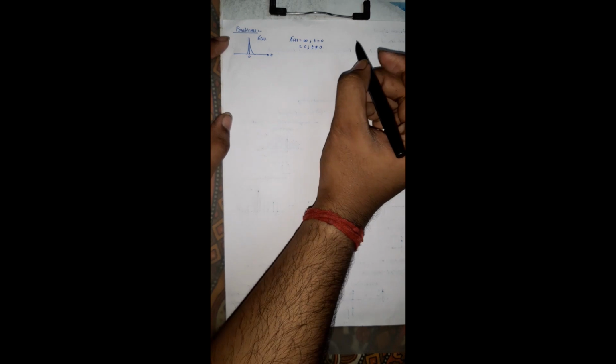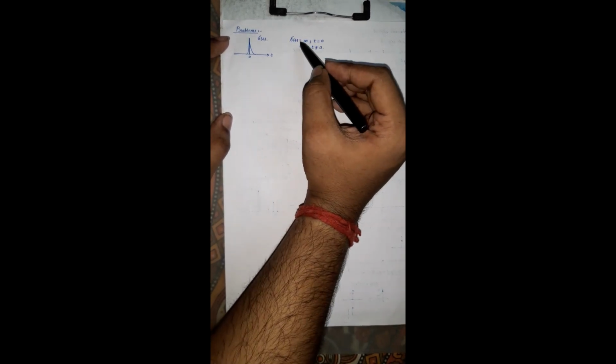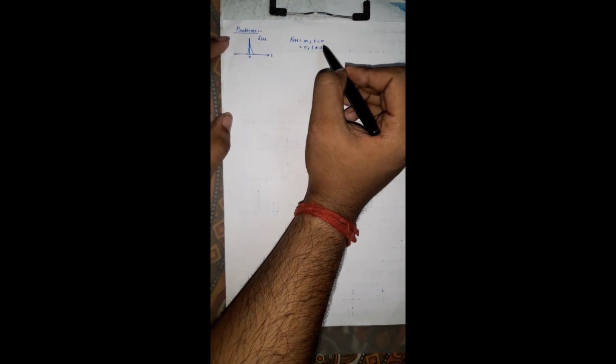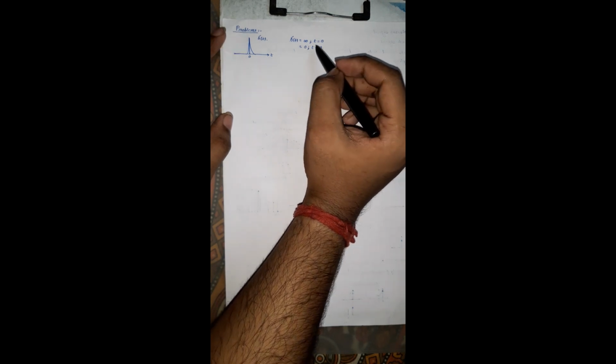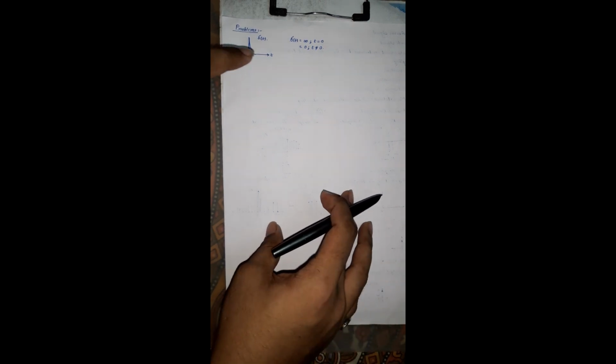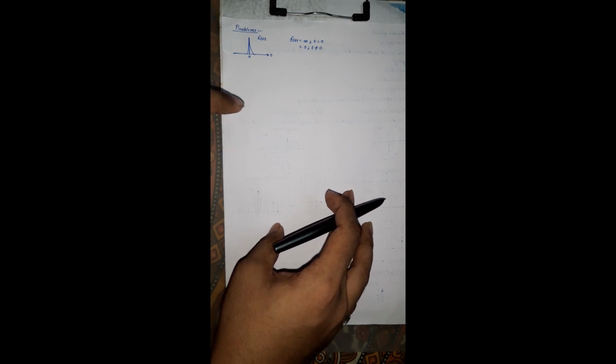That means we can't find such a signal in the real world whose value is infinite, because first of all an infinite value cannot be measured, and second, we can't measure at t equal to 0 time either. So that's why the impulse that I have shown on the previous slide cannot exist in the real world.